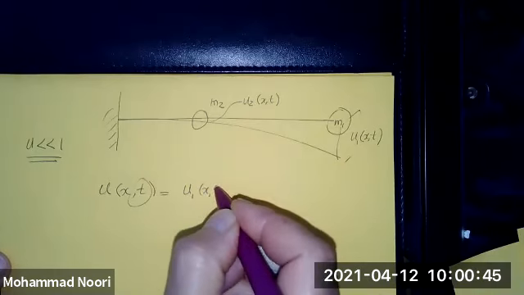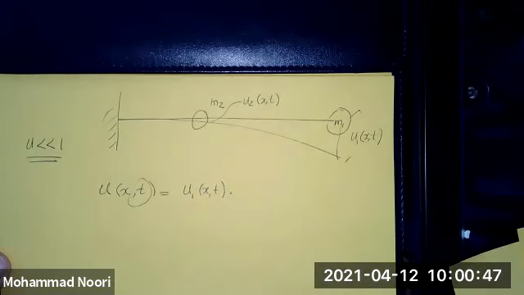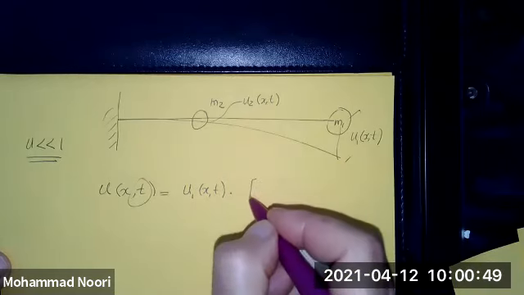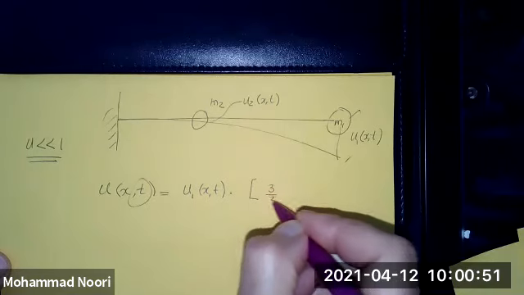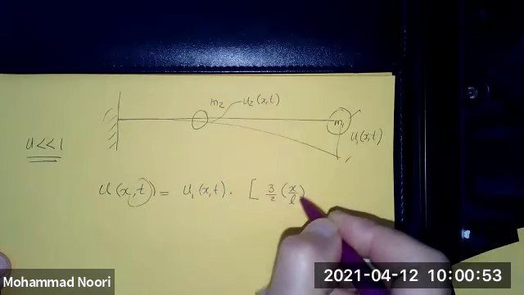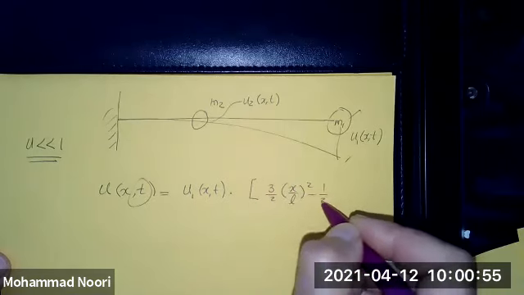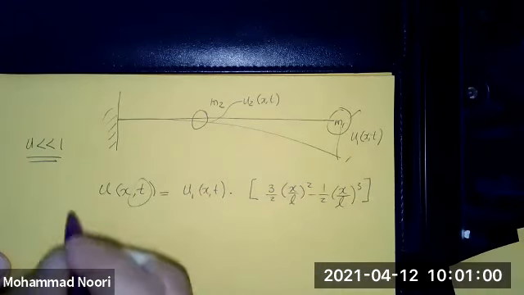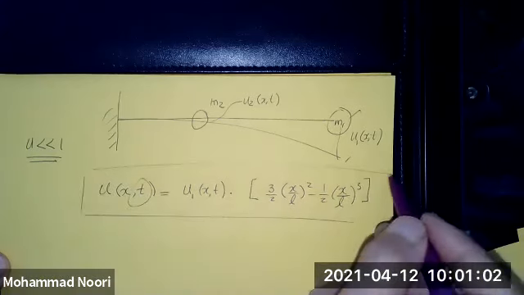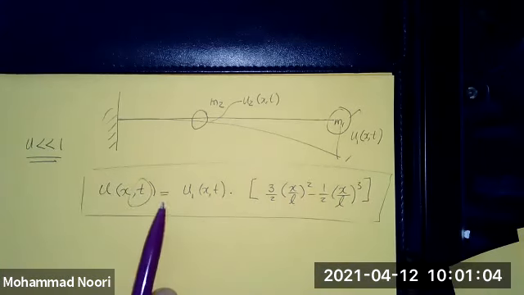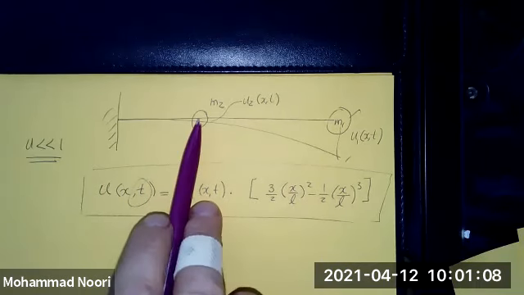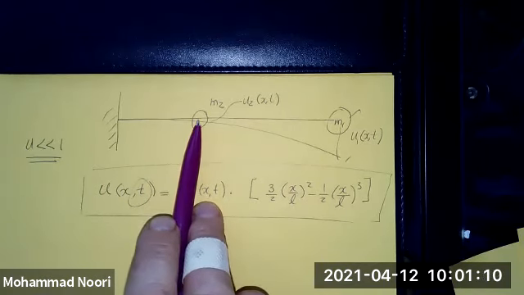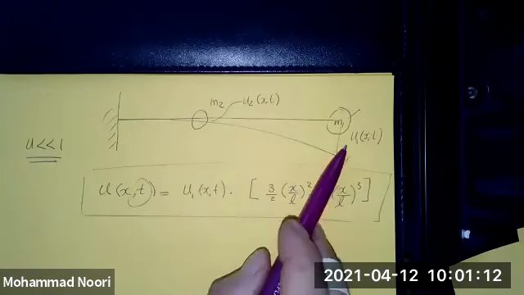That is, I can write this is equal to 3/2 X over L squared minus 1/2 X over L cubed. By doing that, I can relate the degree of freedom at any point to the tip of this beam.